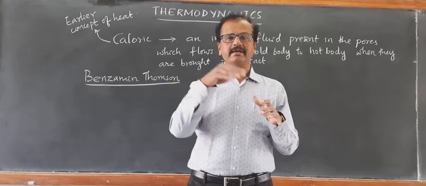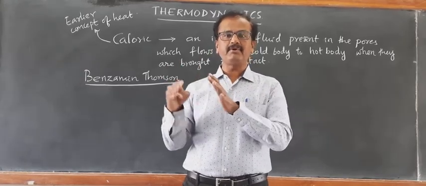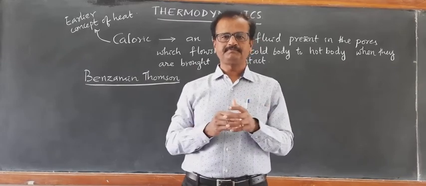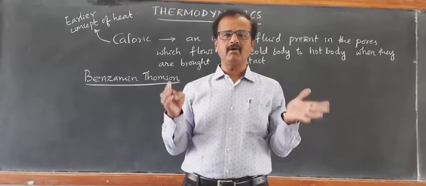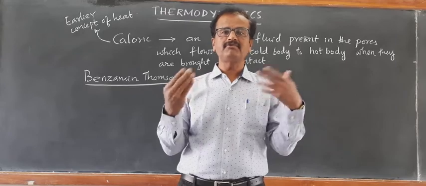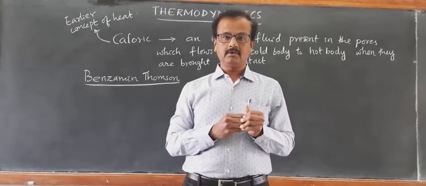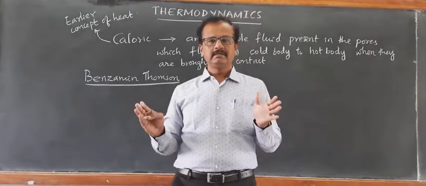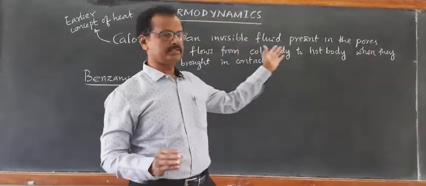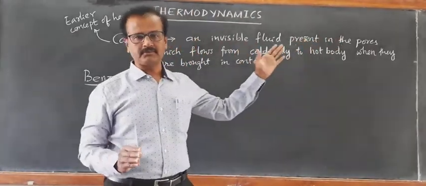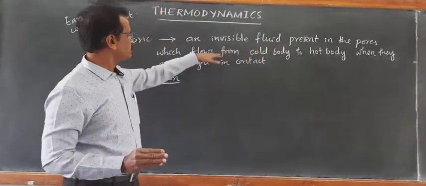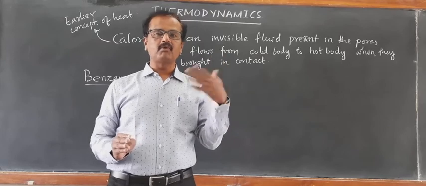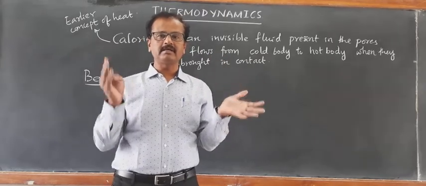The more the work done by the horses which were employed for drilling the hole, the more was the amount of heat produced. So Benjamin Thompson concluded that heat is not the caloric, which was earlier thought to be a fluid present in the pores of a cold body that can flow from cold body to hot body. That was the earlier concept.